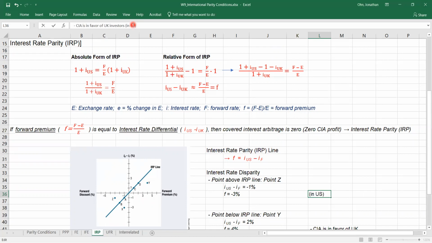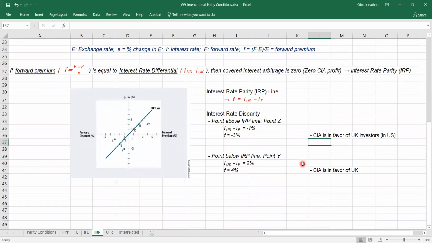That means they move their capital to the US. The arbitrageurs, international arbitrageurs, the UK investors, move their capital from the UK to the US to exploit this situation, right?